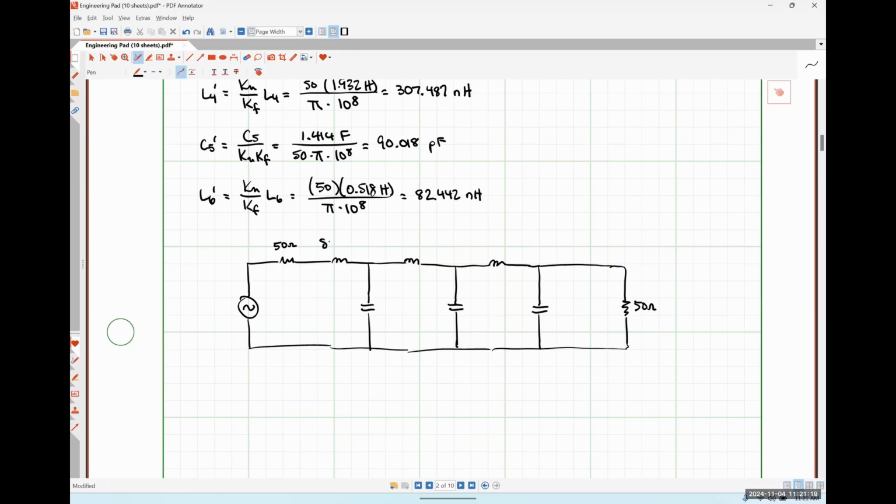We would have 84.442 nanohenries, 90.018 picofarads, 307.487 nanohenries, 122.995 picofarads, 225.045 nanohenries, and 32.977 picofarads.